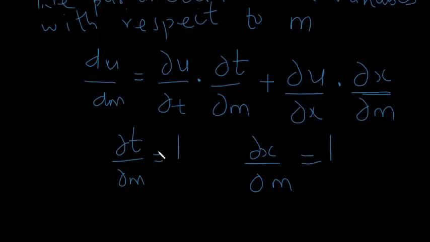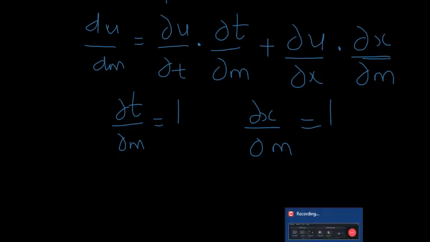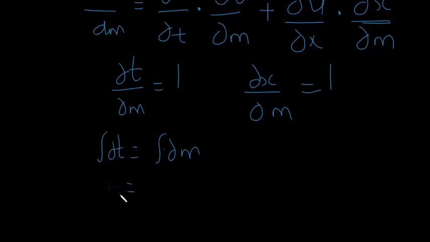Okay, now doing your normal integration, you have the integral of ∂t being equal to the integral of ∂m. Which means that t as a function of m, because we are parameterizing t with respect to m, right? And that is going to be equal to m plus an arbitrary constant.